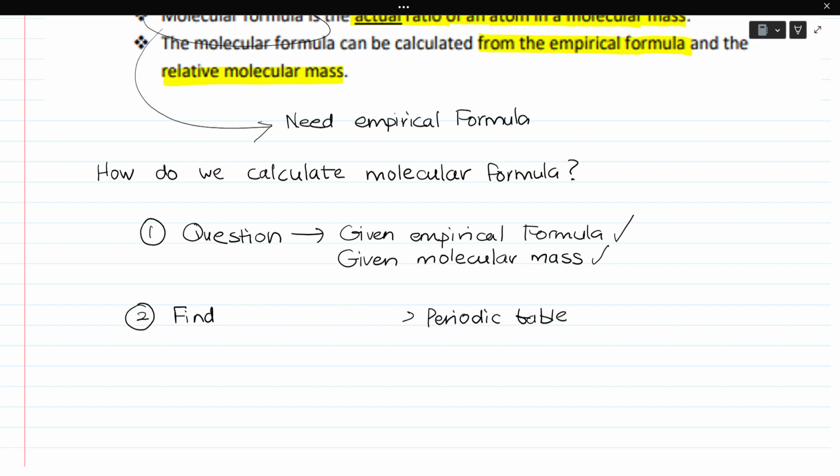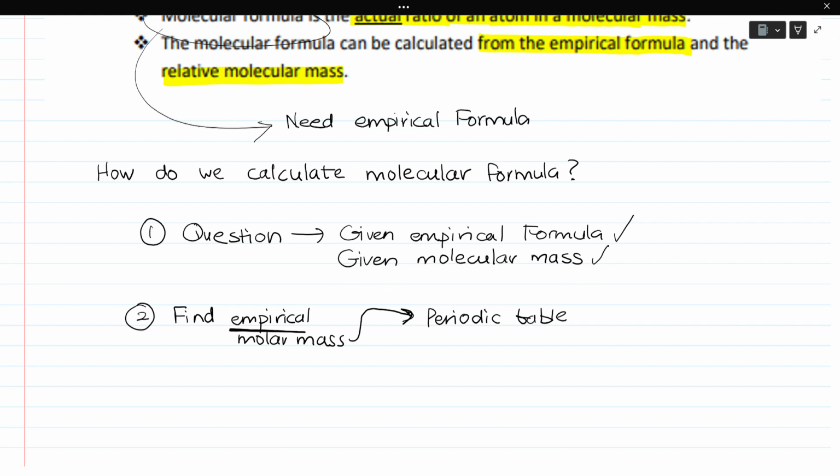We will call it the empirical molar mass. Okay, so it's coming from the periodic table. So when you are finding empirical molar mass, you are going to be using the empirical formula. That is why you need the empirical formula here.